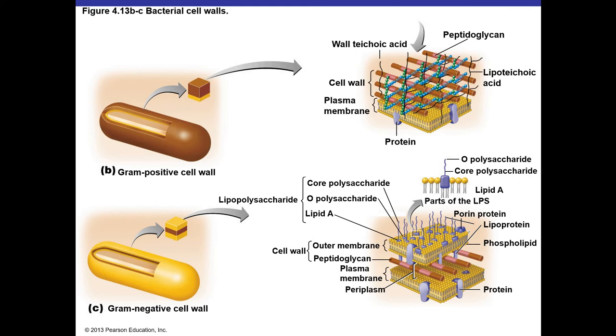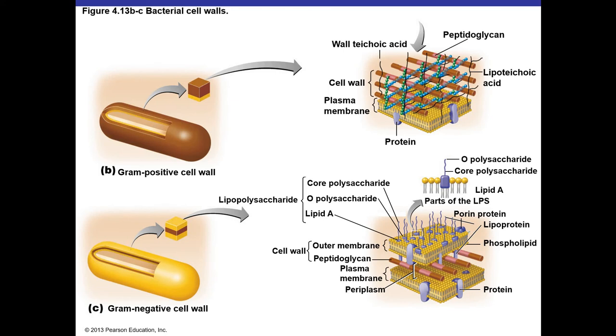If you look at the B figure, the gram-positive cell wall, you have the gold, which is the cell membrane, and then the brown area is that thick peptidoglycan cell wall. If you look over at the right-hand side, you see the cell membrane, the plasma membrane, which is a phospholipid bilayer, and then you see stack upon stack of the peptidoglycan cell wall for a gram-positive.